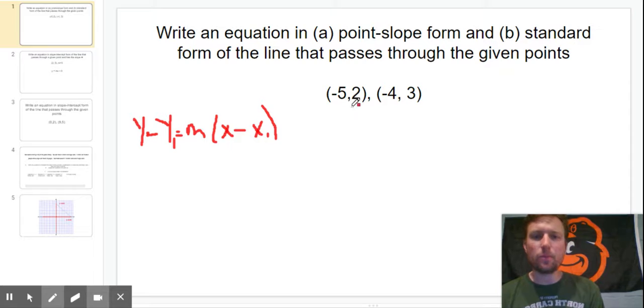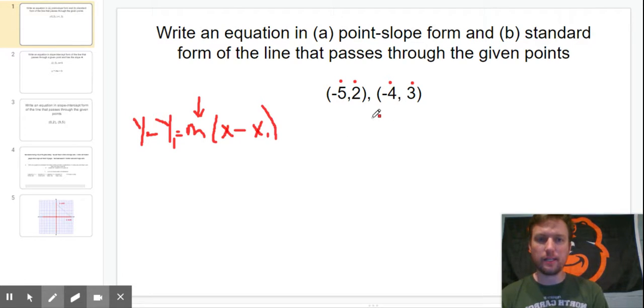Now, looking at this, we have two sets of coordinates, but we don't have our slope, or m. So the first thing that we need to do to solve an equation in point slope form is solve for slope. The formula to solve for slope is y2 minus y1 divided by x2 minus x1.